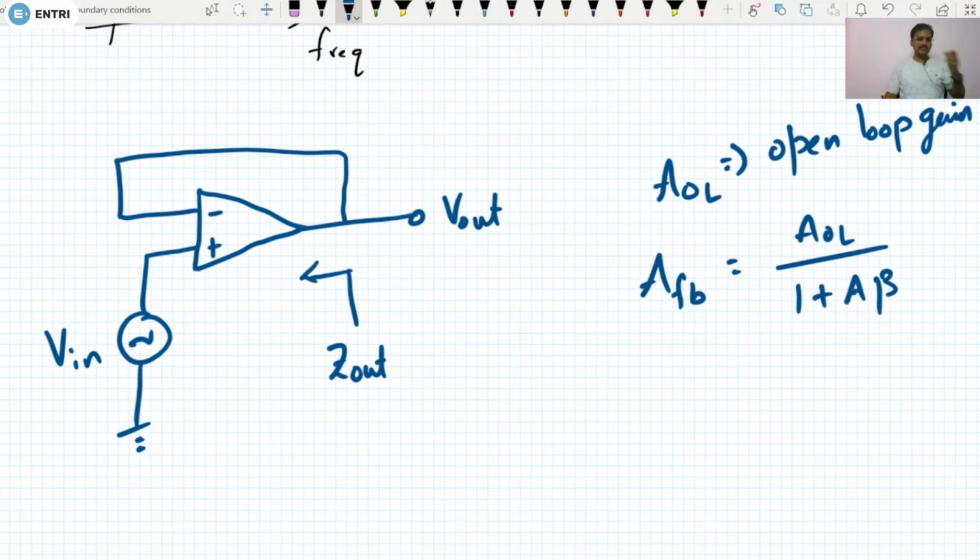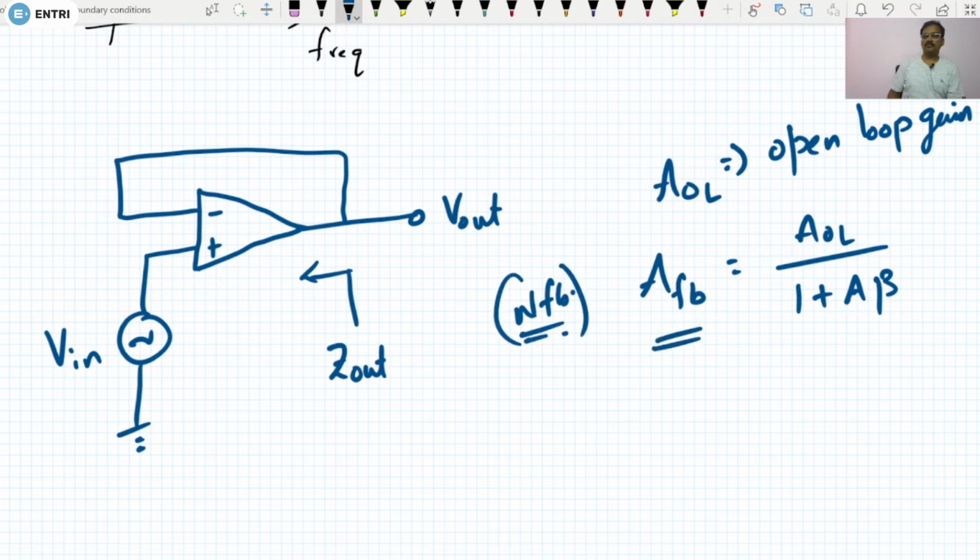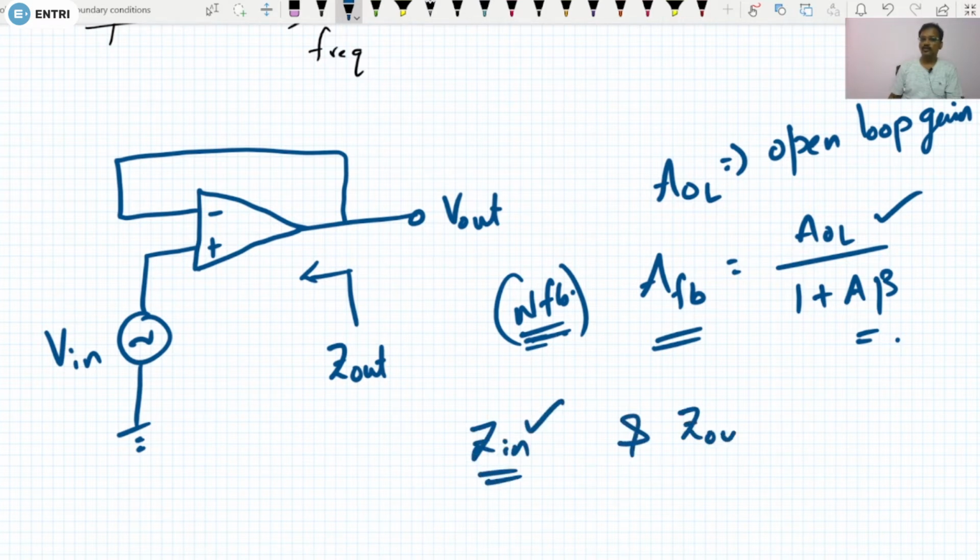Once you give the negative feedback here, the gain of the amplifier will be reduced, will become lesser than the open loop gain. So this is the expression we are going to get. Because of the negative feedback, there will be a change in input impedance and also a change in output impedance. So we try to analyze what happens to the input impedance and the output impedance in this case.